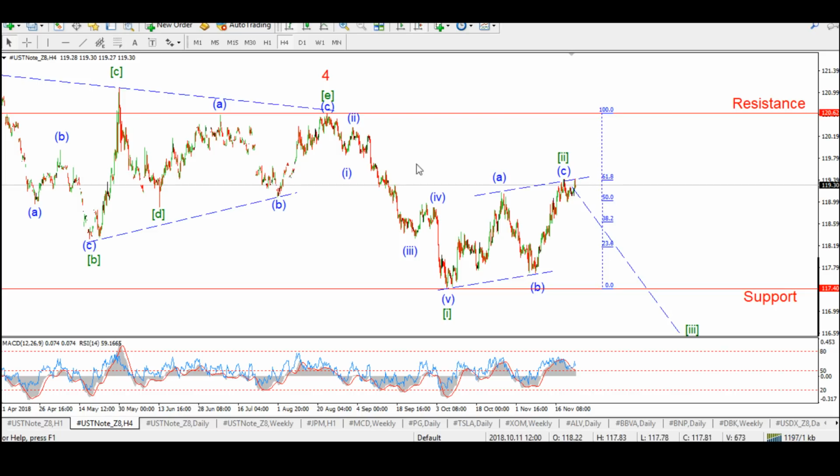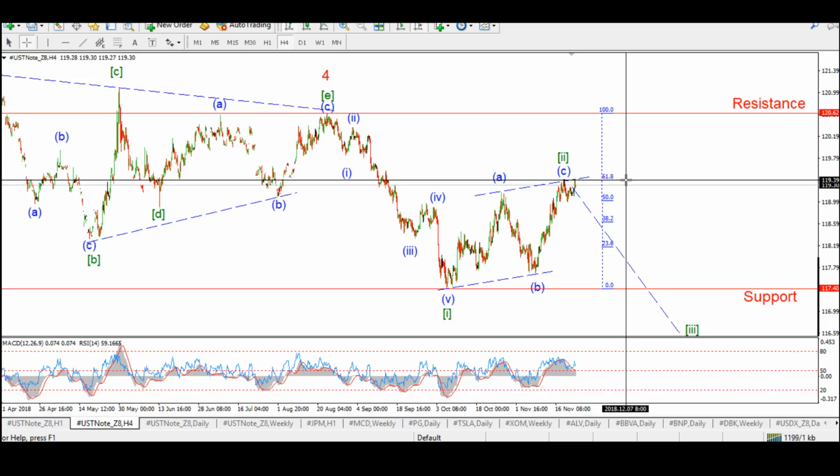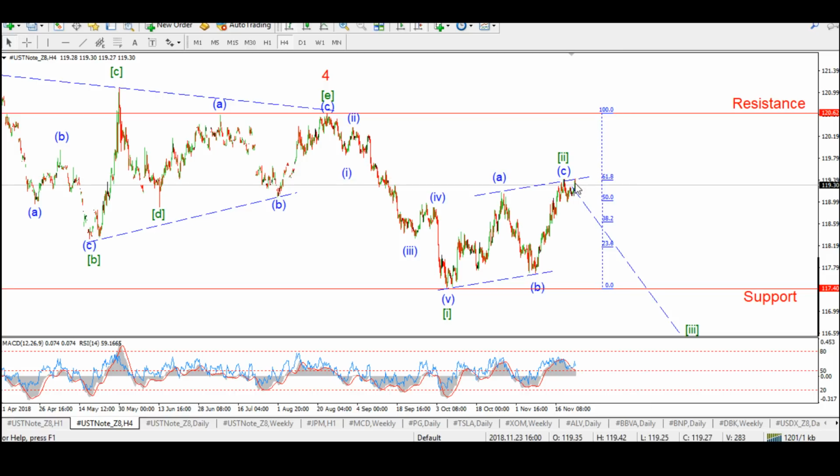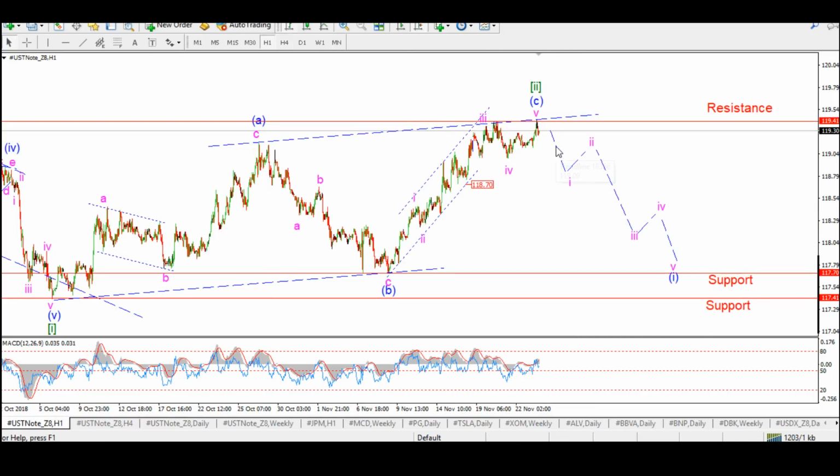You can see that the 61.8% Fibonacci retracement is at 119.39, so 119.40, and the peak today was 119.42 or something. Yeah, we're right at that level for a turnaround lower.